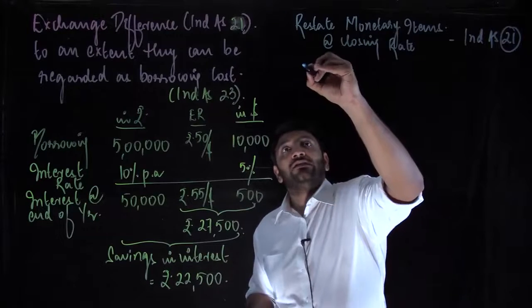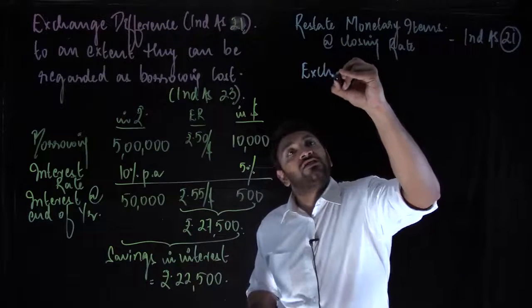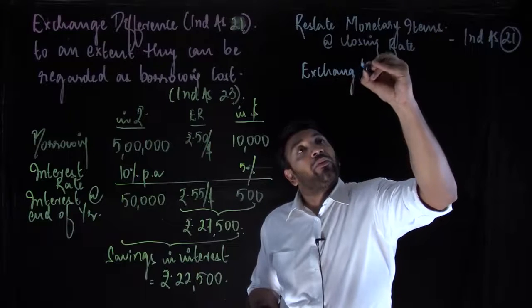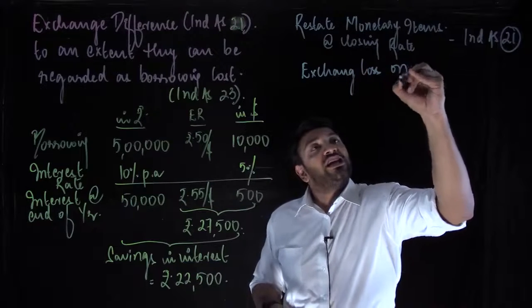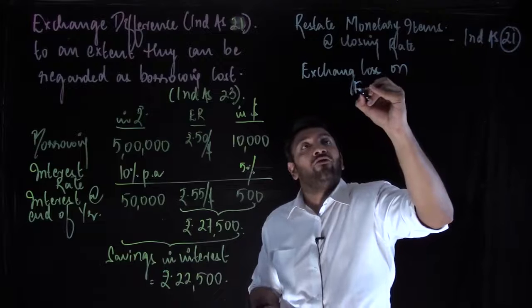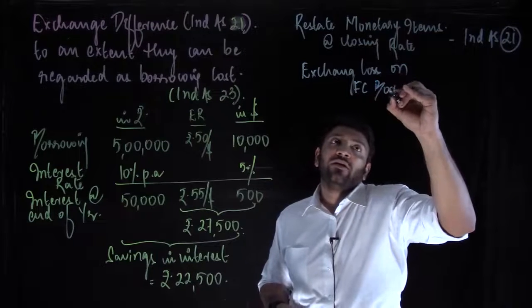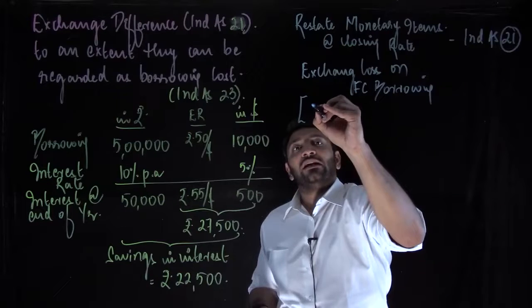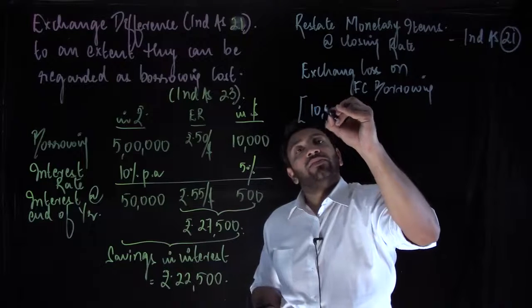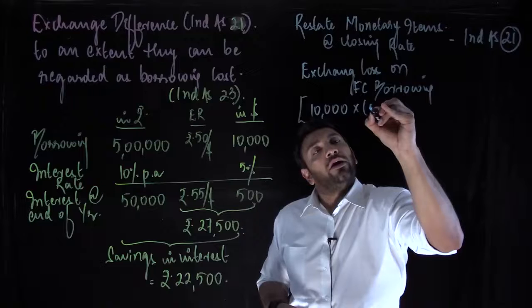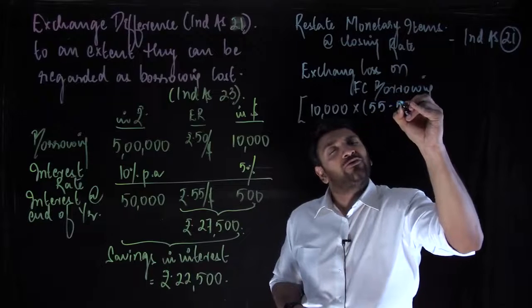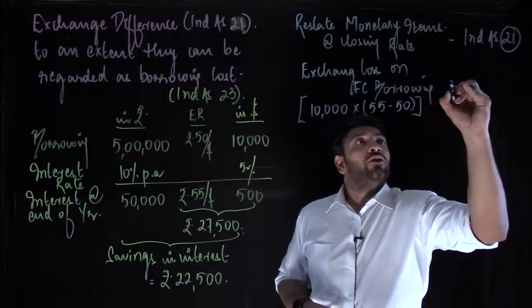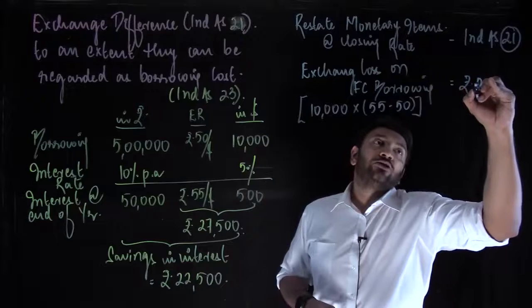These are called exchange losses. Exchange loss on FC, meaning foreign currency borrowing, should be calculated this way: $10,000 into 55 minus 50 rupees per dollar, you get about 50,000 rupees.